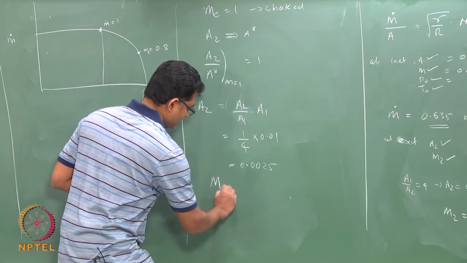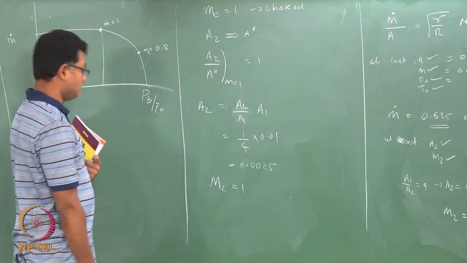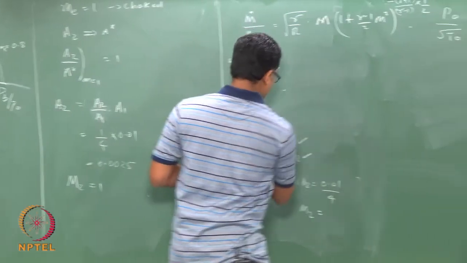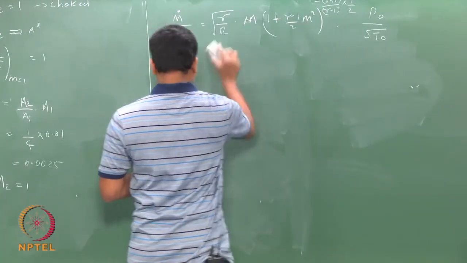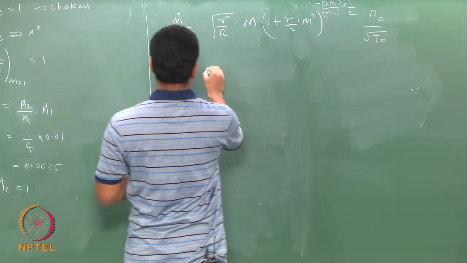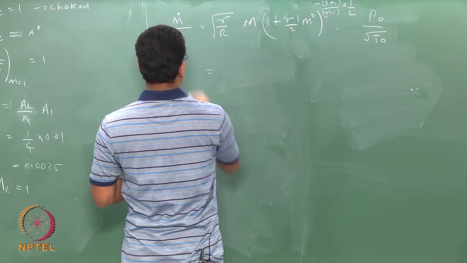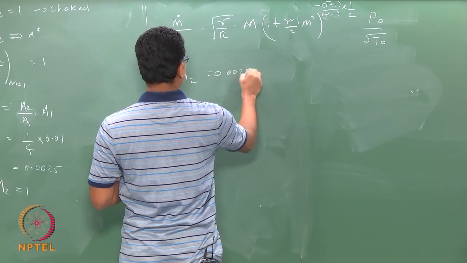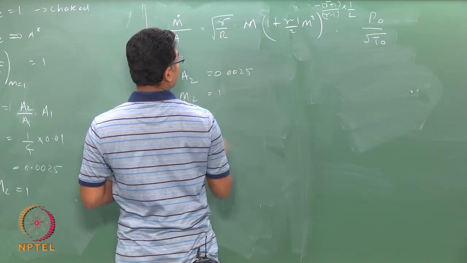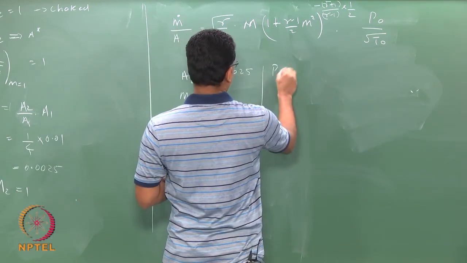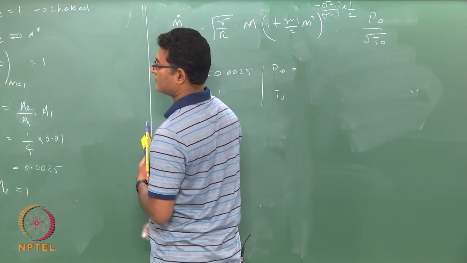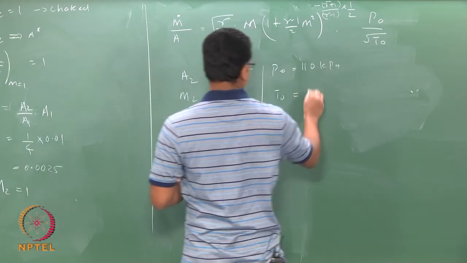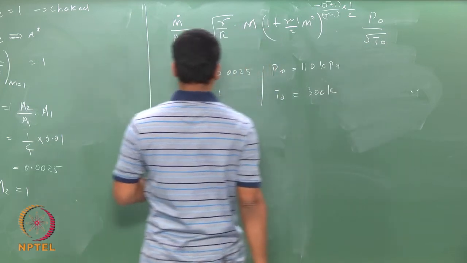And my M2 is now 1. So, I will substitute 1 here. So, my A here is 0.0025, M2 is 1, P naught and T naught we already know, which is 110 kilopascal, T0 is 300 kelvin.